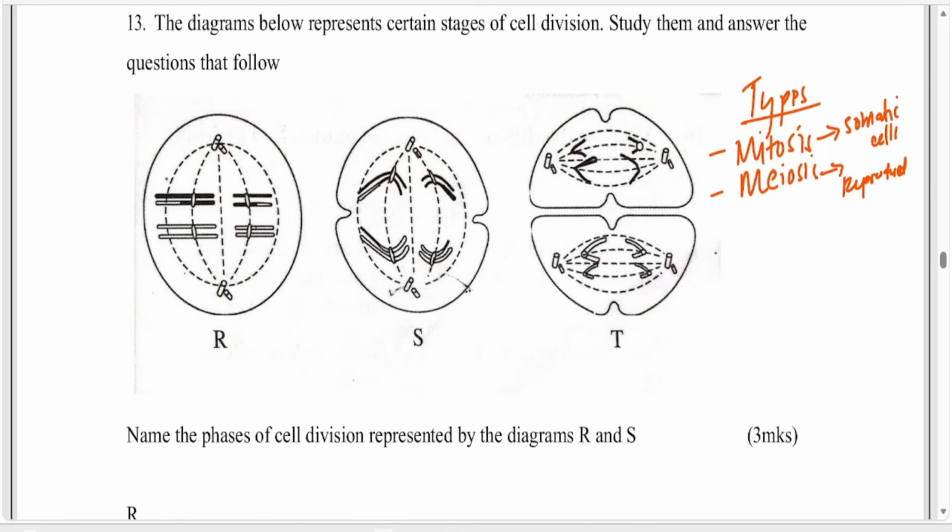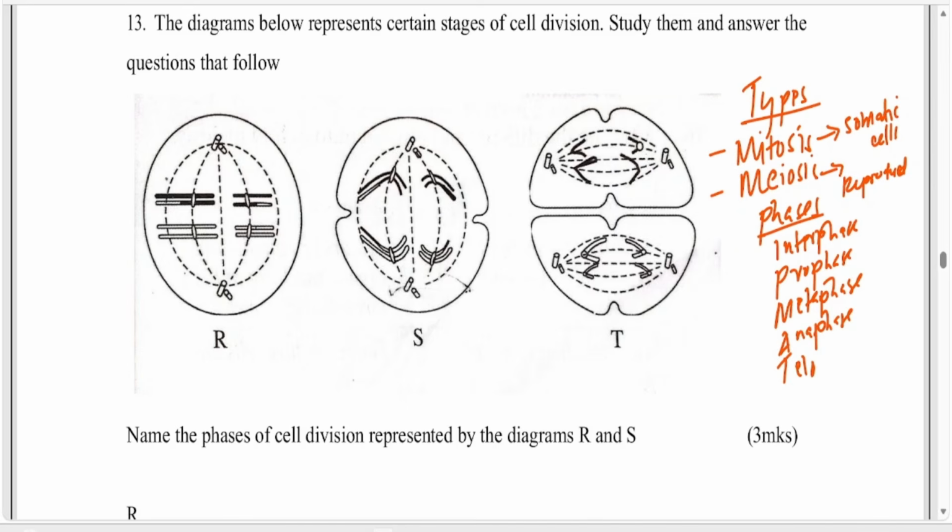It involves two meiotic divisions, and under them we have the phases of cell division under mitosis and also in meiosis. Like I said, we always use the acronym IPMAT: I standing for interphase, we have prophase, we have metaphase, we have anaphase.